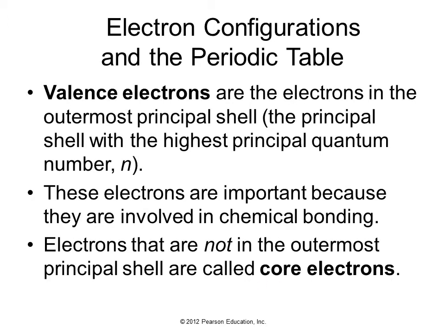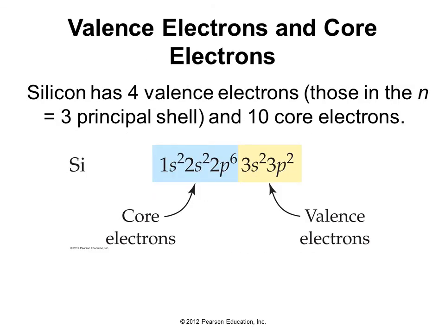We have valence electrons. Those are electrons in the outermost principal shell, the highest principal quantum number. They're important because they're the ones that are involved in bonding. Electrons that are not in the outer principal shell are called the core electrons. Let's look at silicon, which has 4 valence electrons.